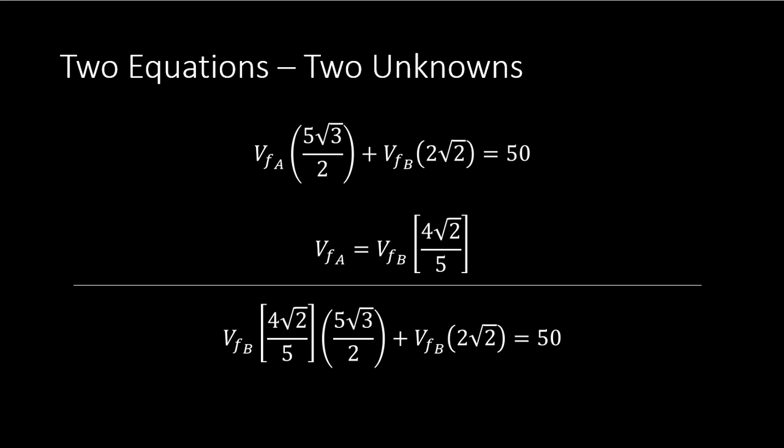Therefore, that becomes the final velocity of B times 4 square root of 2 over 5 times 5 square root of 3 over 2, plus the final velocity of B times 2 square root of 2, equals 50. We now have one equation with one unknown. It's now possible to solve for that unknown.